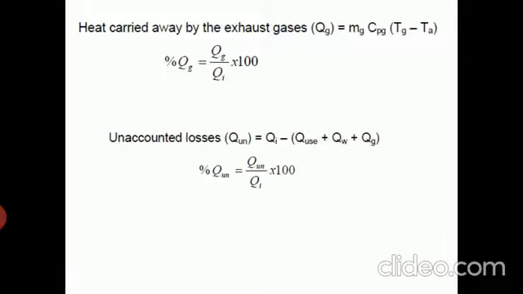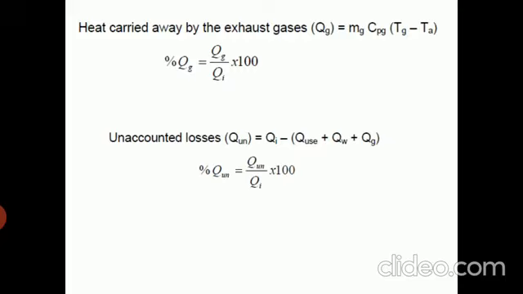Burned gases will have a combination of air and fuel, that's why it is termed as T_g. At the inlet you will have only air, at the outlet you will have both air and fuel mixture in the exhaust gases. So again we will convert to the percentage of energy that is lost in exhaust gas.